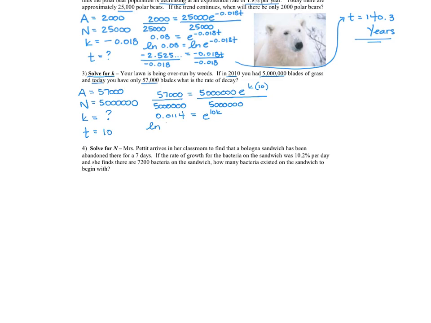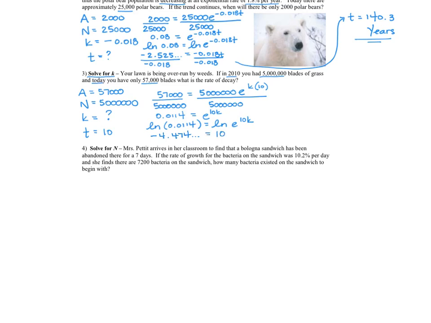Taking the natural log of both sides leaves me with negative 4.474, and again, there's more information on my calculator.